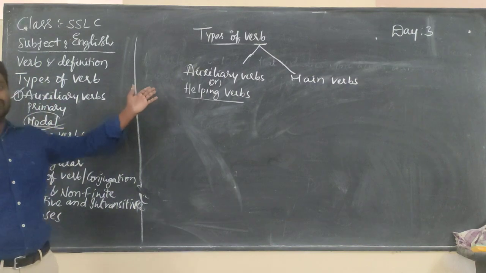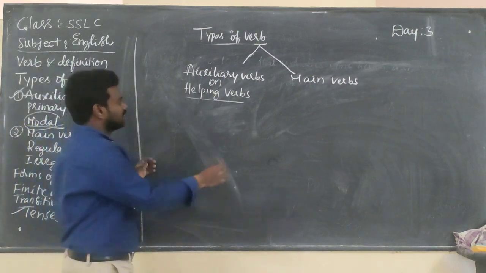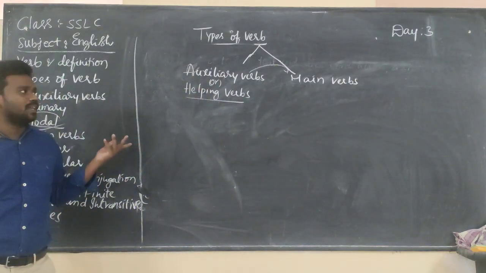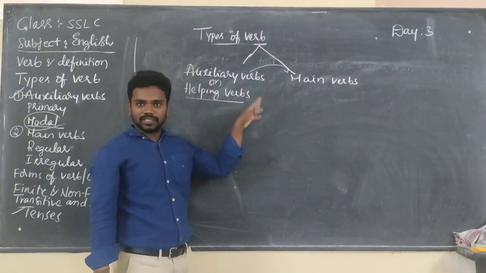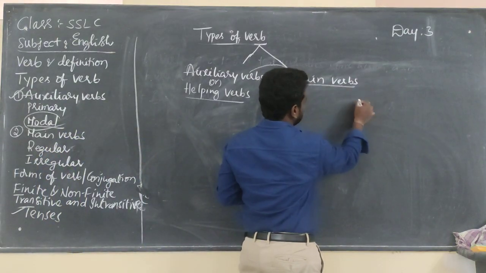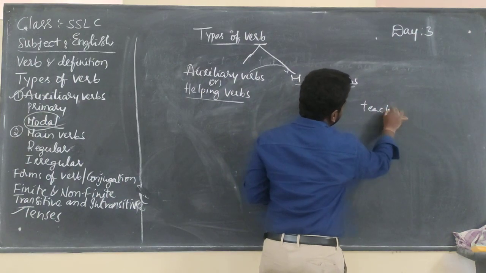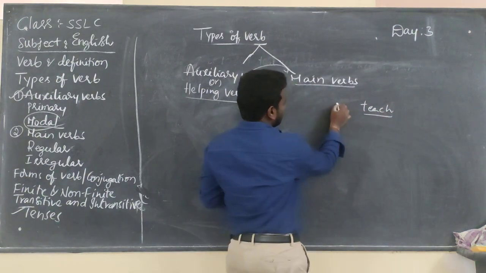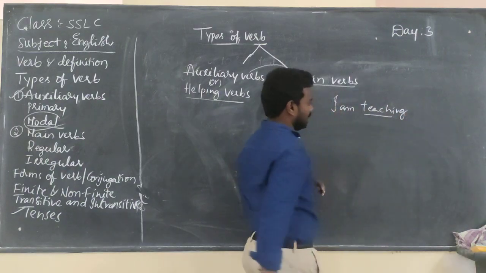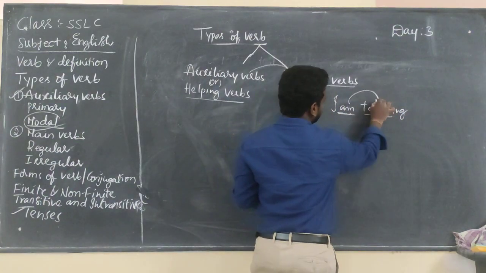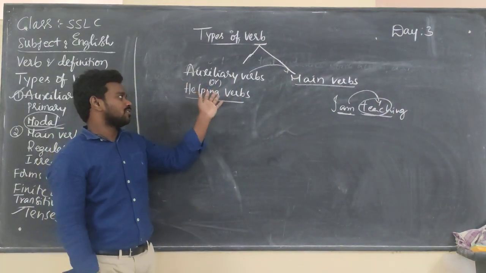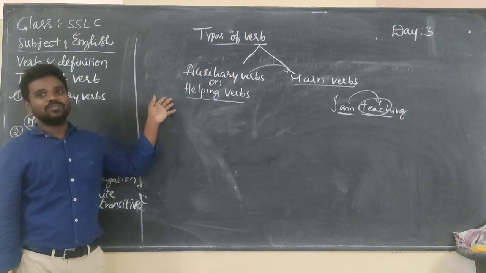So why do we call them helping verbs? Because they help the main verb to form a sentence. For example, teach is a main verb. If I want to write, I am teaching English, here am helps the main verb. So auxiliary verbs we can also call helping verbs.